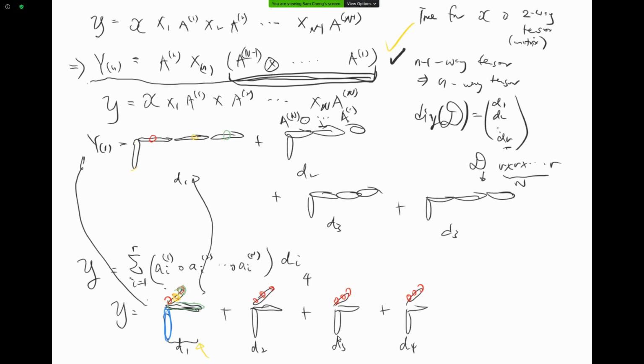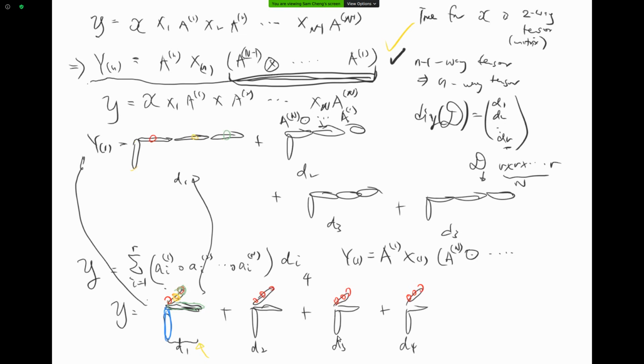And then finally, I can reshape it back into the matrix form. If I write the matrix form, I basically get back something like Y_(1) equals A1 times the mode 1 matricization of X multiplied by all the Khatri-Rao products.